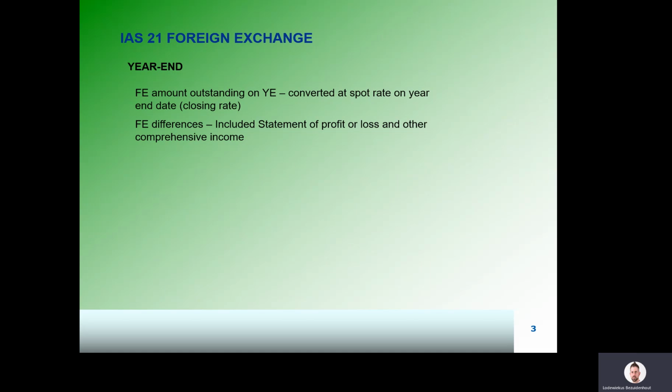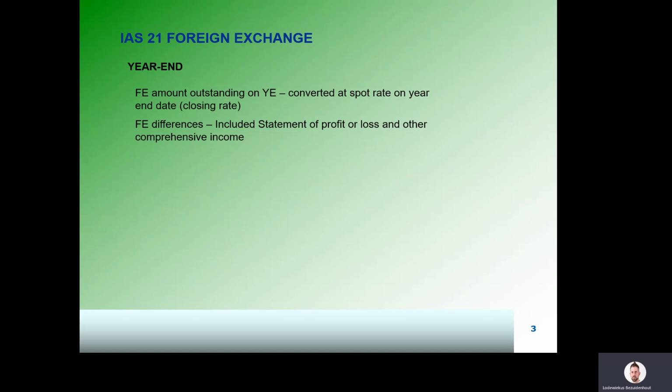Any foreign exchange differences will be included in the statement of profit and loss and other comprehensive income. When we restate on year end, we will calculate a foreign exchange profit or loss, because we calculate what the value of our foreign currency converted at the spot rate on year end should be in rand terms.